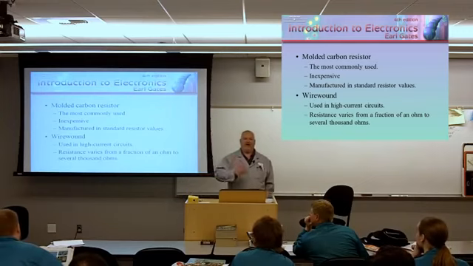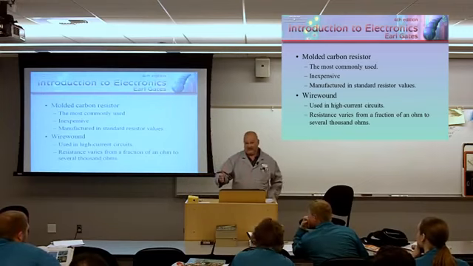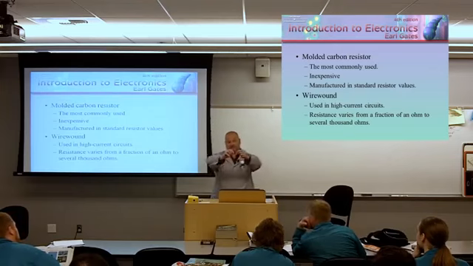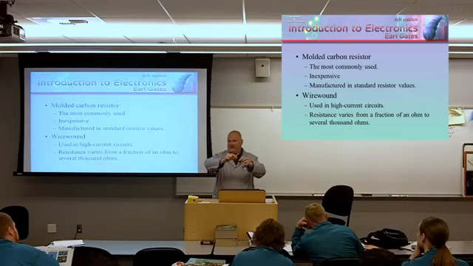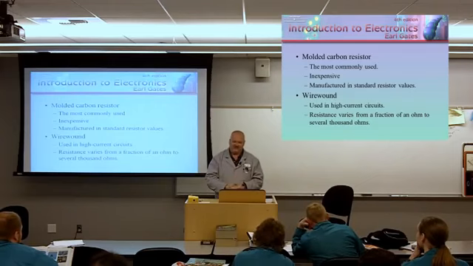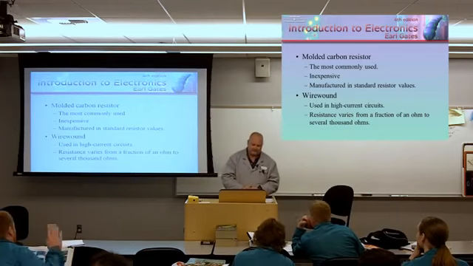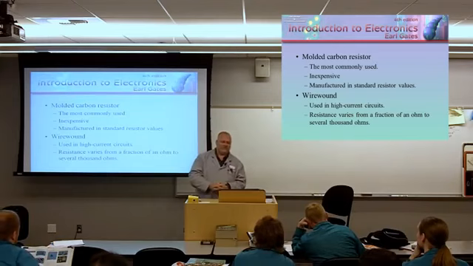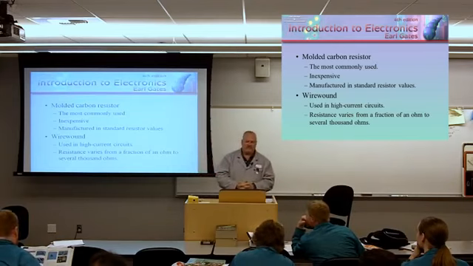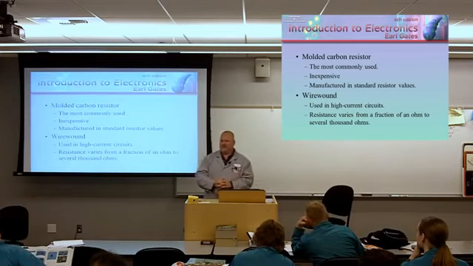Because we know that wire has resistance, so if I get a certain amount of resistance in one turn, then I can make another turn and get twice the amount. And it's literally how it works. The resistance of these varies from a fraction of an ohm to several thousand ohms.